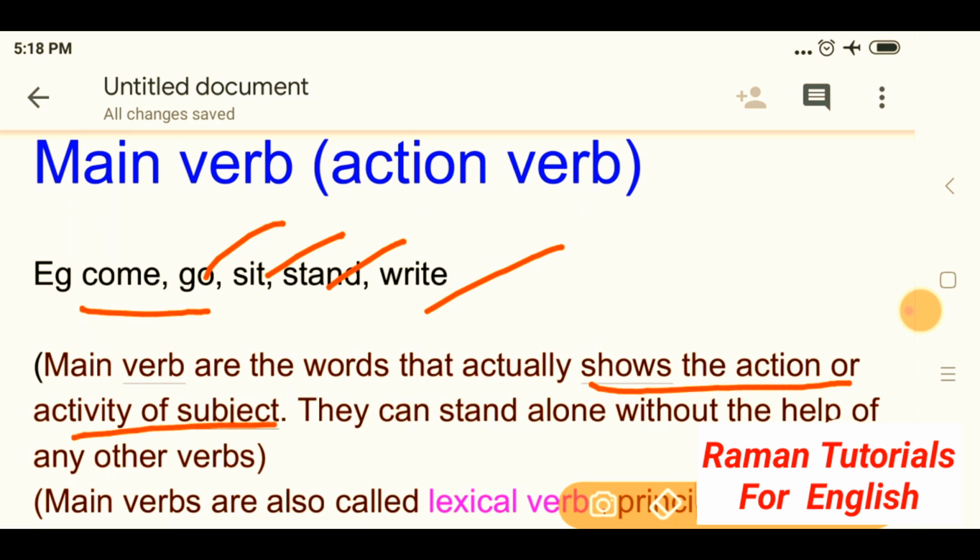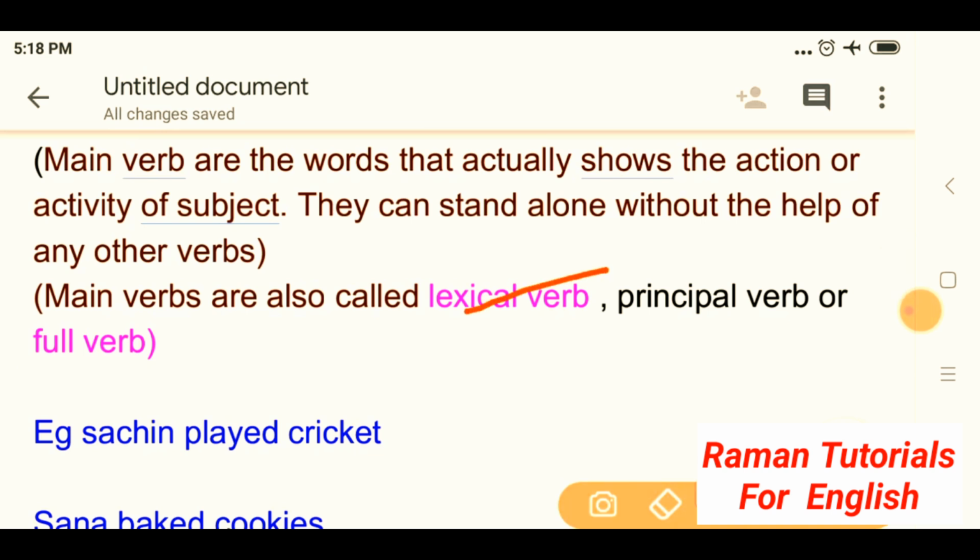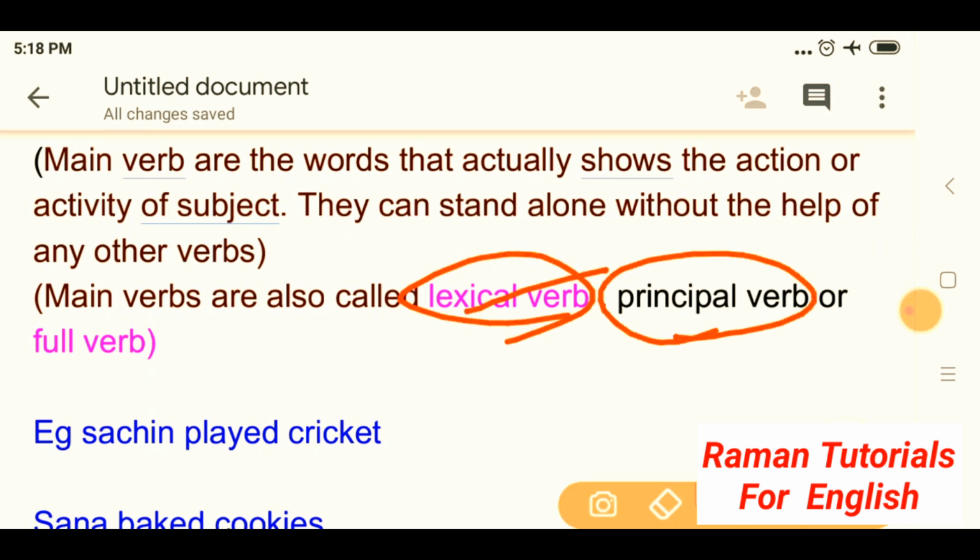Note down, they can stand alone without the help of any other verbs. Main verbs are also called lexical verbs, principal verbs or full verbs. And the main verb shows the main action of the subject.